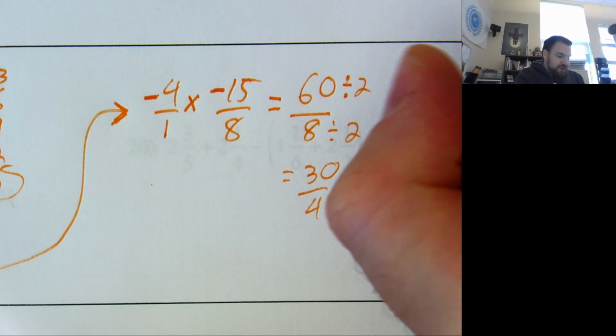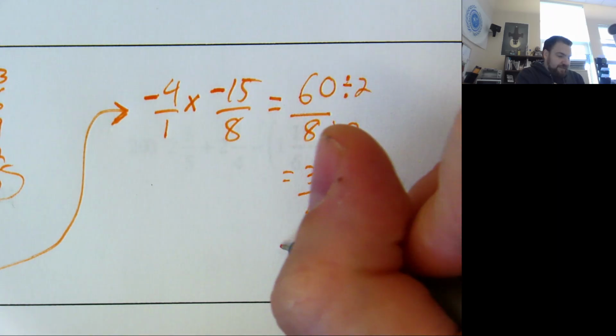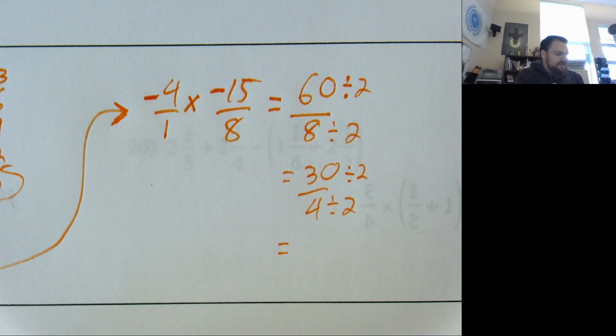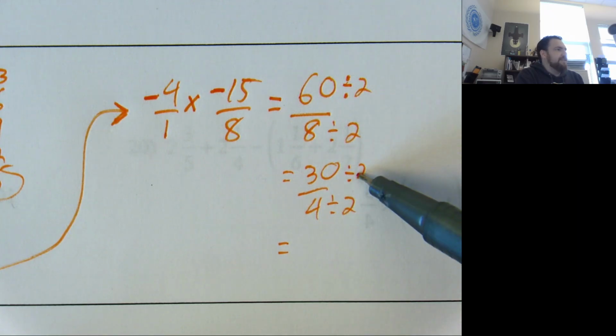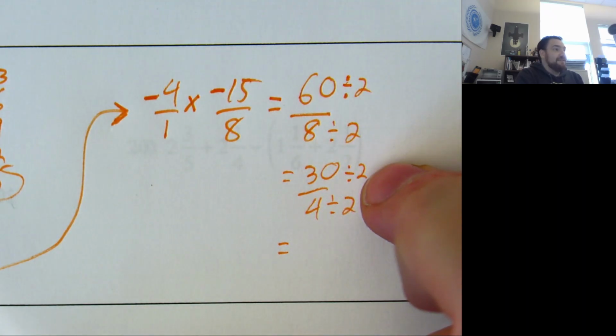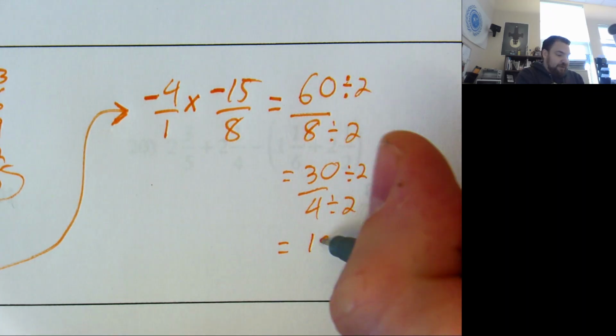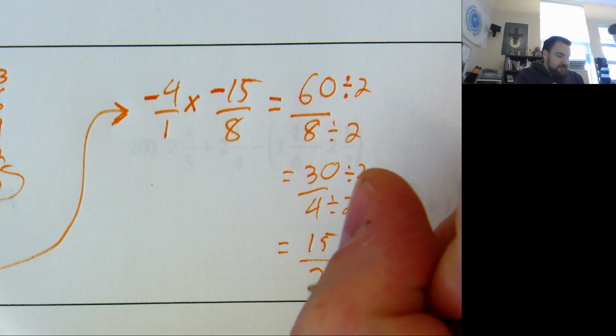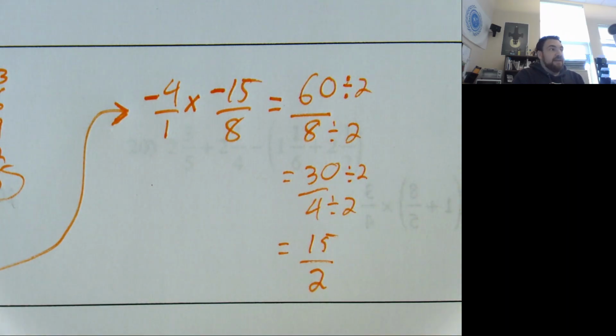Both are divisible by 2. 30 divided by 2 is 15 in the numerator. 4 divided by 2 is 2 in the denominator. It's 15 over 2. I want to write down the right thing.